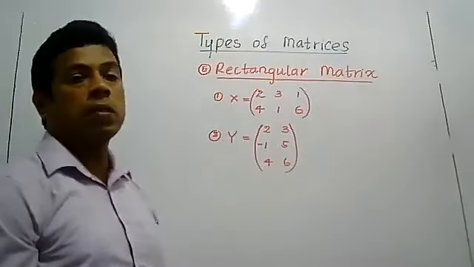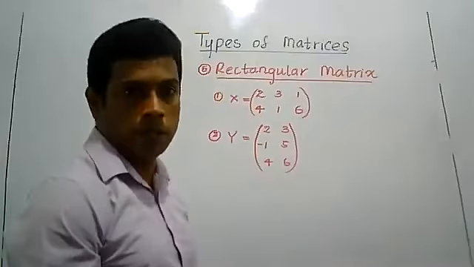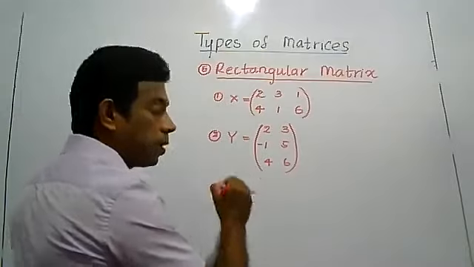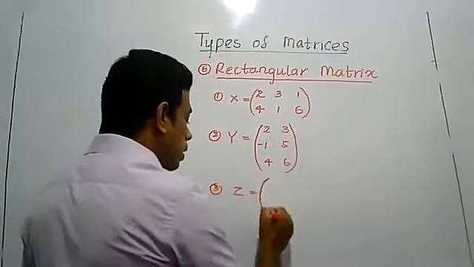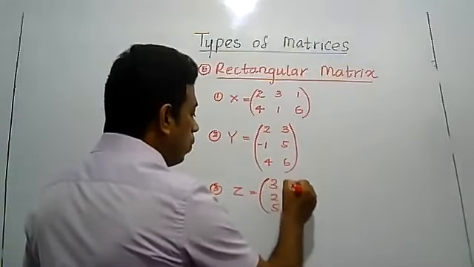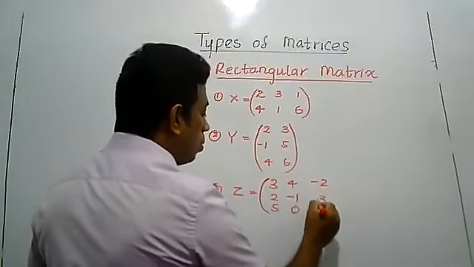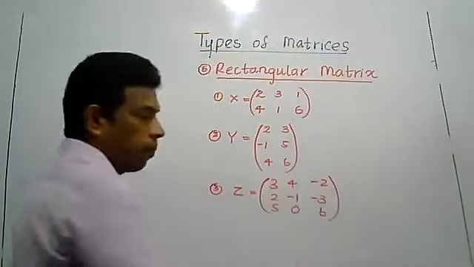The number of rows and columns are not equal, so that is a rectangular matrix. Third example, I will name that matrix as Z, a capital letter we use. Then the elements: 3, 5, 4, minus 1, 0, minus 2, minus 3, 6.